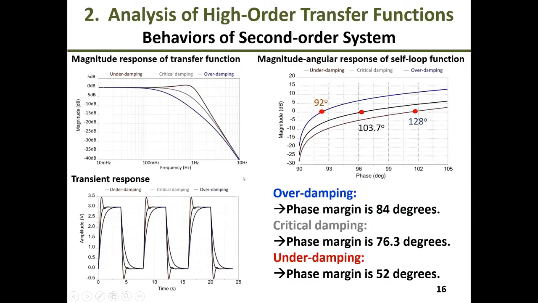Now let me show a simple case of a second order system. In this case, when the system operates in the underdamping region, the phase margin at unity gain is 52 degrees, and in time domain you can see the overshoot occurs.